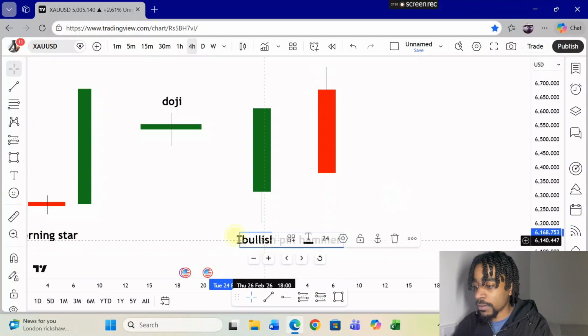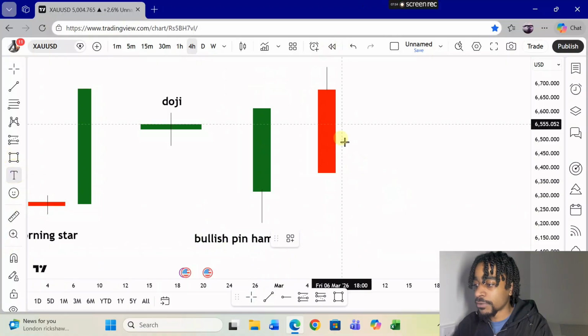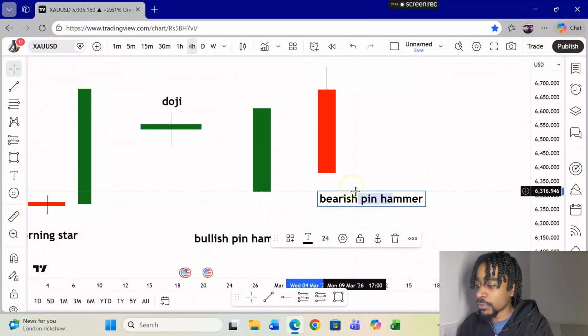And then we've got a bearish pin hammer right there.